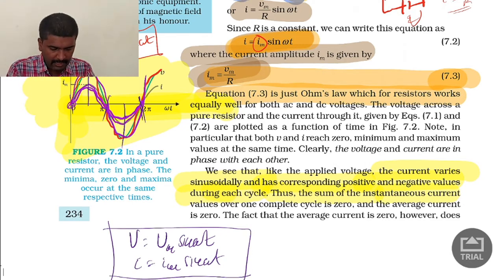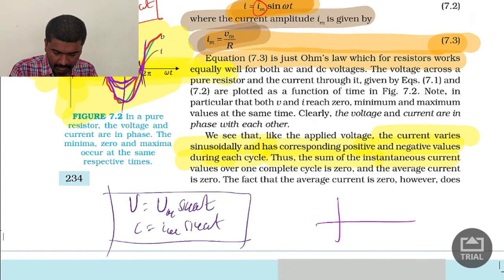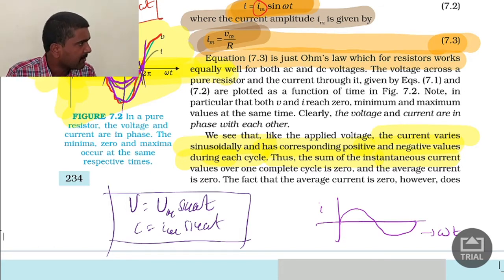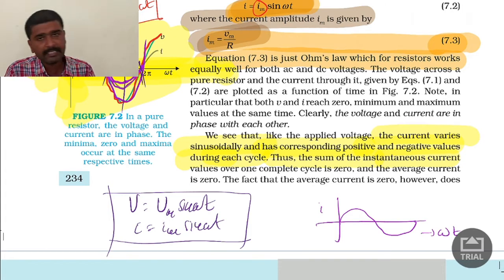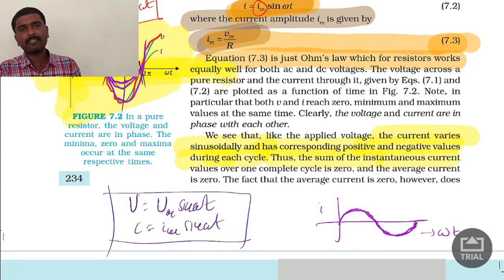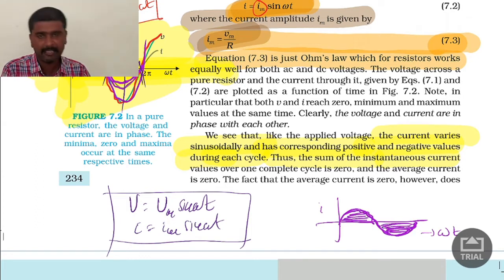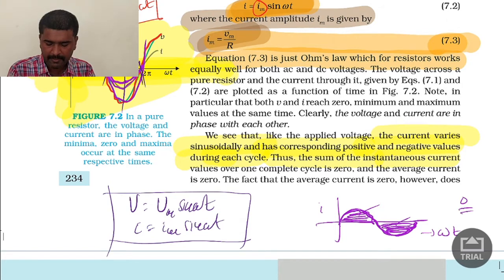Now if you look at the alternating current in this equation, the current you are getting in the circuit, and calculate the average current during one cycle, it is 0, because in the first half cycle the current is positive, in the second half cycle it is negative, so when you add these two, you get 0.